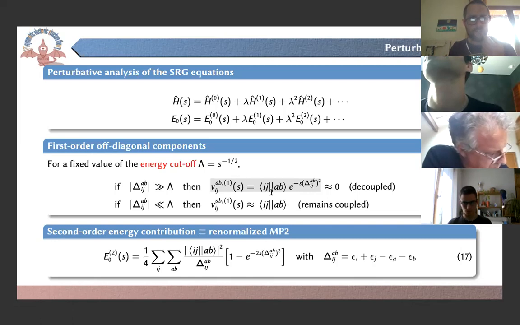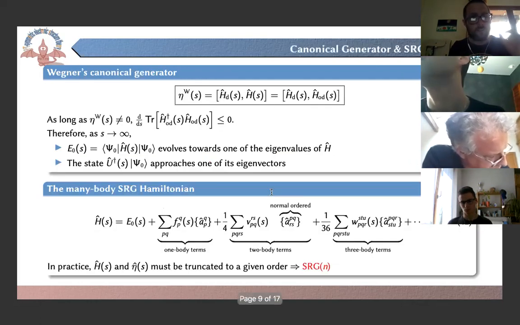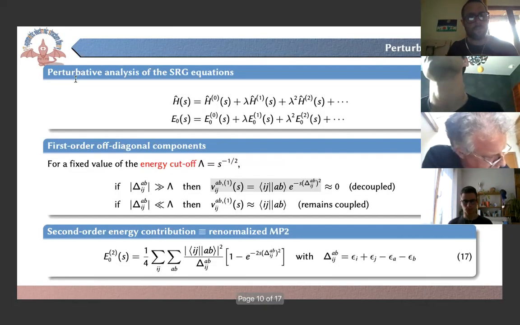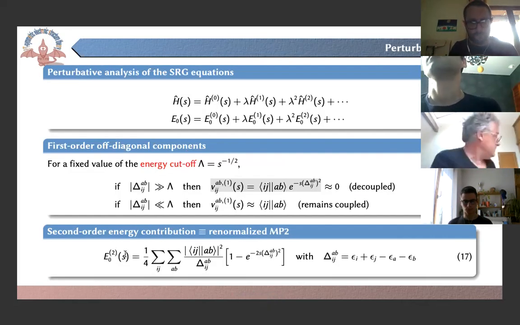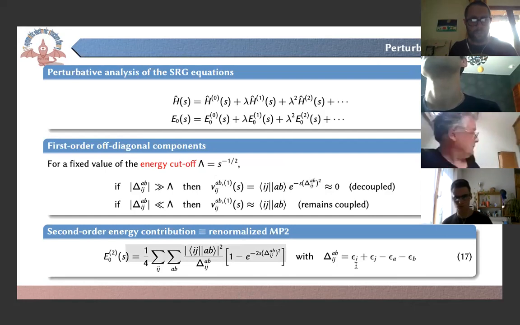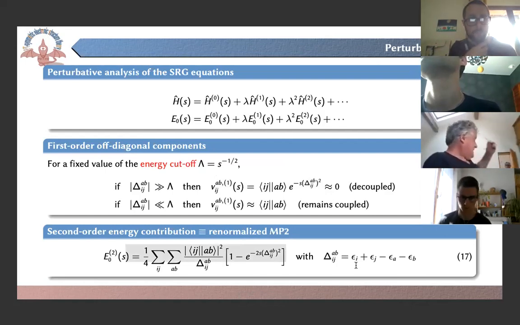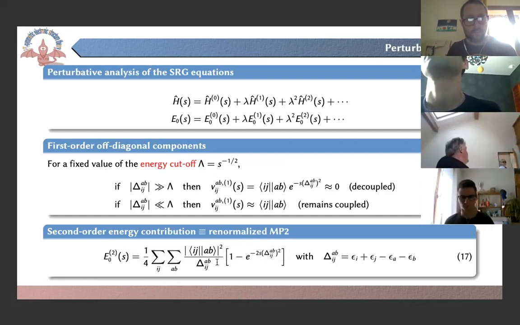And what is interesting is that you can look at the expression of the second order energy. In the case of this Wegner's canonical generator, you can do everything analytically, and you end up with that expression. If you know the MP2 expression, you can see that this expression is very similar to it, but you have here what we call a renormalization factor.